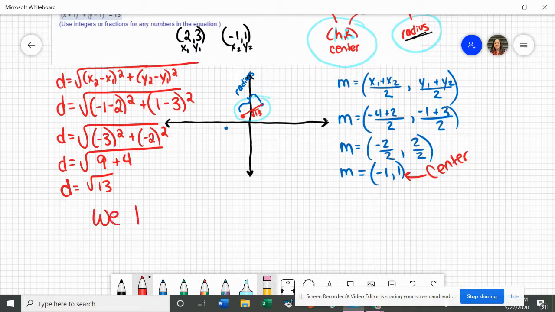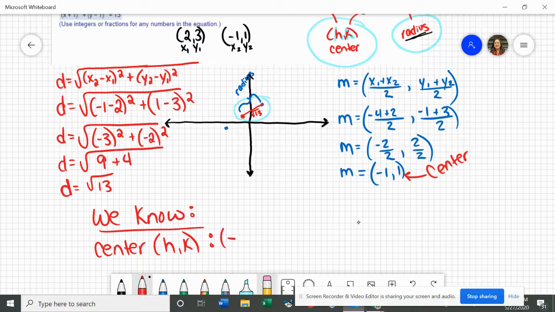We know, and I'm going to write this as it appears in the equation of a circle. My center, which is my h, k, we know that that is at point -1, 1.